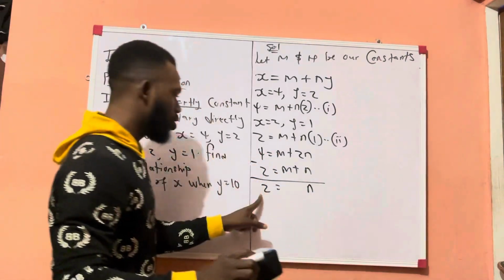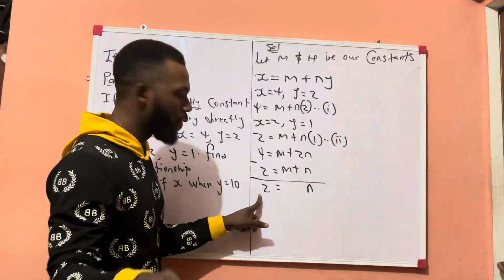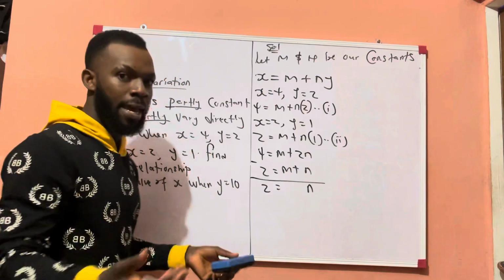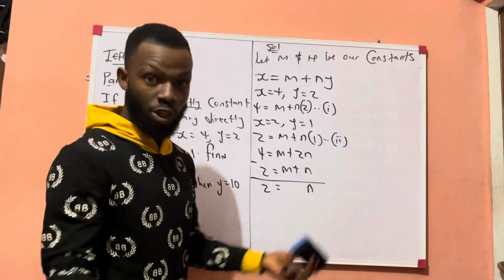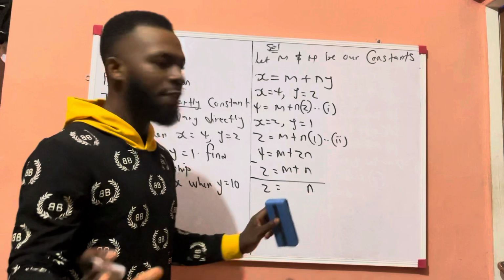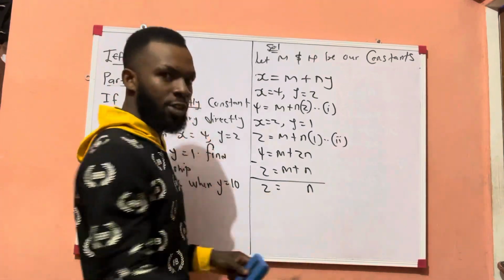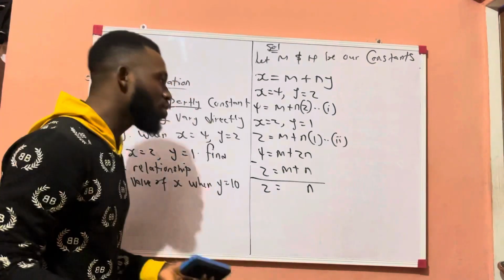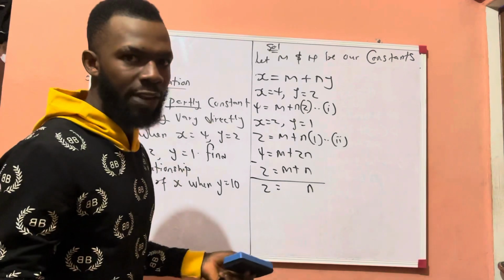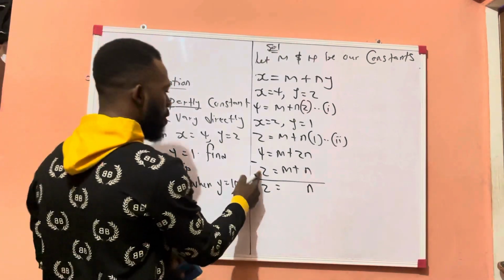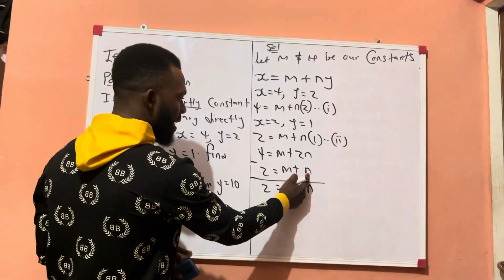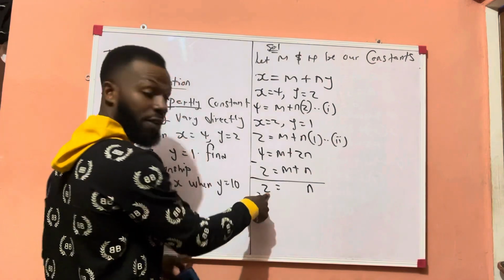Now, if n is 2, what's the next constant I'm looking for? m. Now, how can I get m? You can either use equation 1 or equation 2, any of the equations. What you just have to do is to substitute the value of n, which is 2. Okay, now let us use equation 2 to get the value of m. So I will come here. Anywhere I see n in equation 2, I'll give the value of 2 there.